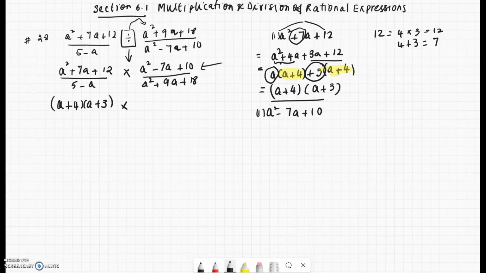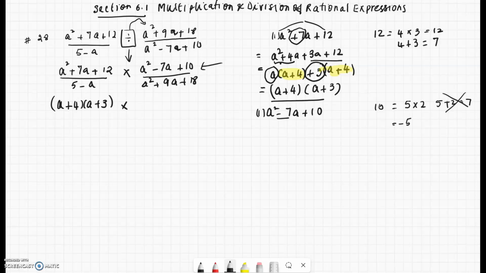The coefficient of a squared is 1. 10 times 1 is 10. We want the sum of the factors to be the coefficient of the middle term, which is negative 7. So 5 times 2 is 10. However, 5 plus 2 is equal to 7, but that's not what we want. We need negative 7 and that's easy.